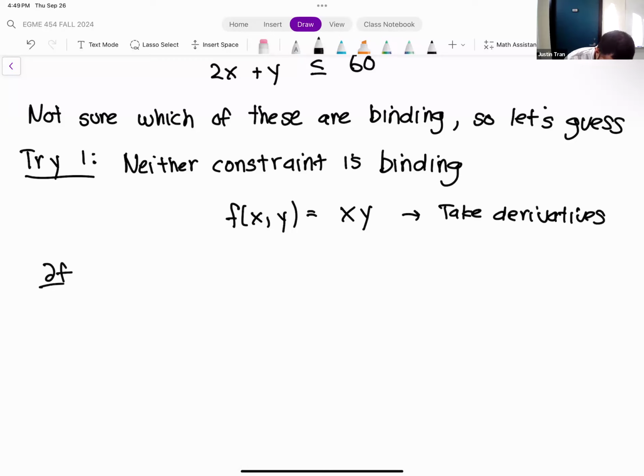Take partial f, partial x. Our first derivatives in this case are pretty simple. If we take the partial derivative of f with respect to x, we just end up with y. We're going to set that equal to 0, just like we normally do.